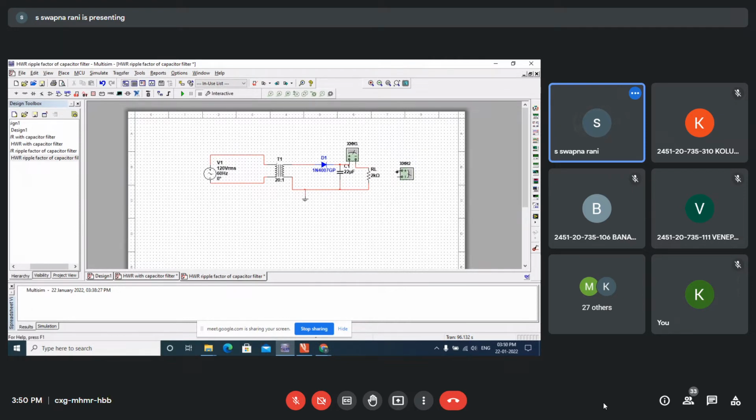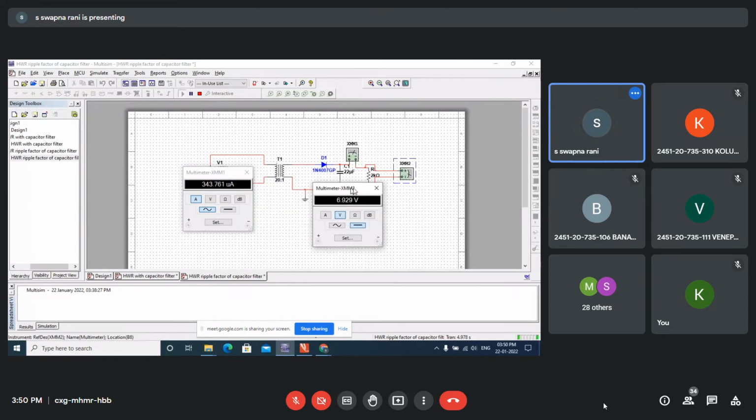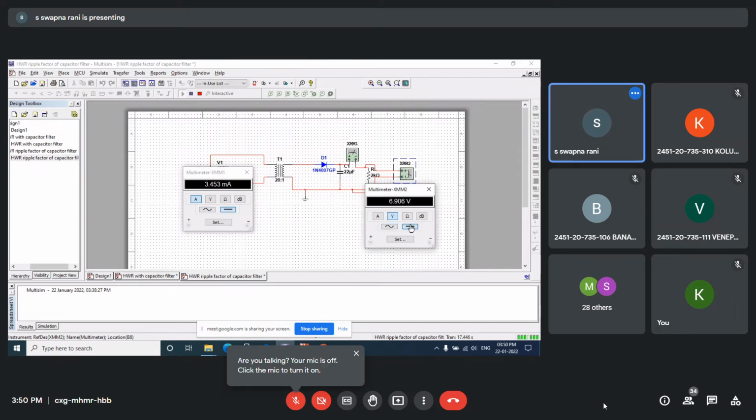And this positive terminal is connected to the load positive and negative terminal is connected to the ground. So you can find the AC voltage and DC voltage, AC current and DC current. Now if I run, I get the current components and voltage. So this is the AC RMS current, AC RMS voltage. And this is DC current, DC voltage.